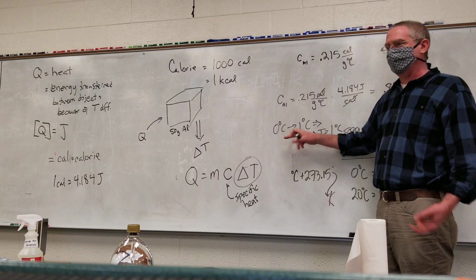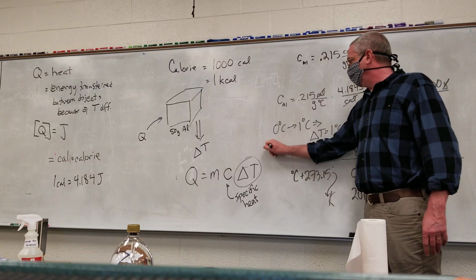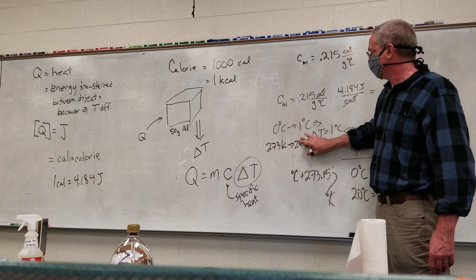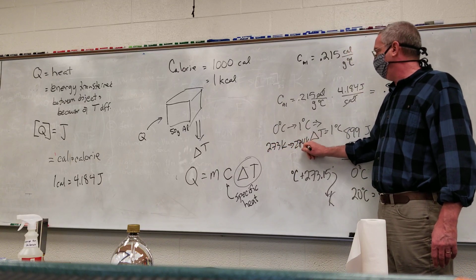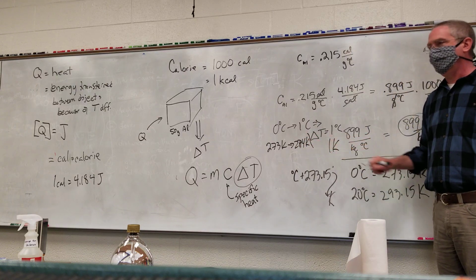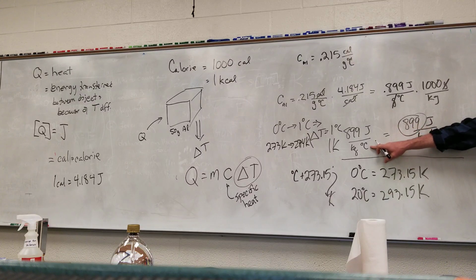If we converted this into Kelvin, and I'm just going to drop the 0.15 right now, this is 273 Kelvin going to 274 Kelvin. My change in temperature is just 1 Kelvin. So the change is still the same, and so when you're dealing with specific heat, if you see degrees Celsius on the bottom, you can just as easily put a K there.